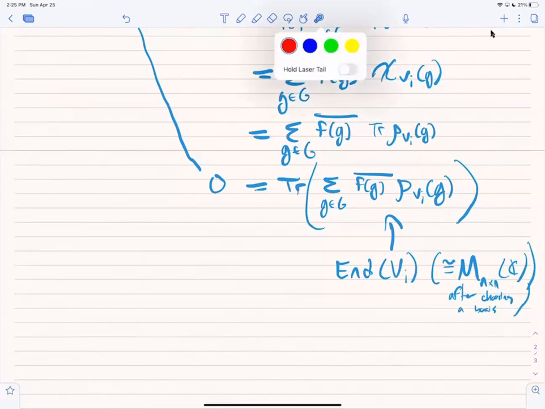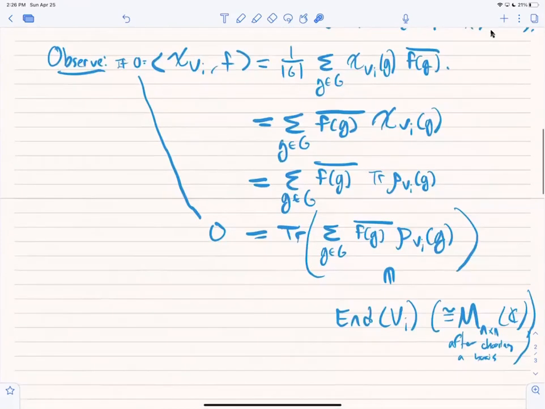This thing inside the parentheses is an element of this matrix ring, so it makes sense to take the trace. So this endomorphism has trace 0 for each V_i.